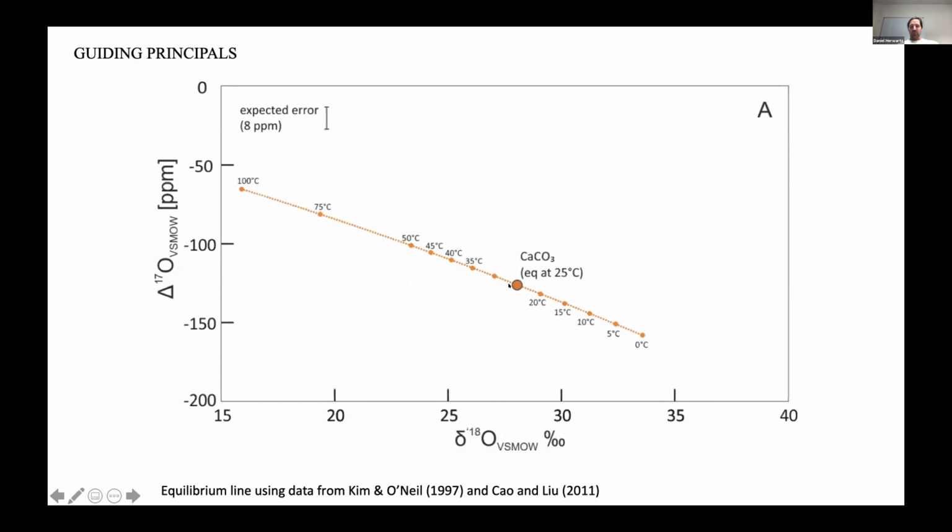At 25 degrees in equilibrium, calcium carbonate should fall exactly on this point. If it doesn't fall on this point, it did not form in equilibrium, given that your equilibration line is calculated correctly. Likewise, you have other components in the system that are equilibrated with the water, like the CO2. And if you superimpose diffusion on this, diffusion drives your calcium carbonate to lower delta 18O and to higher cap 17O.